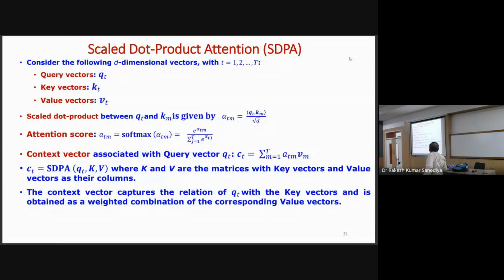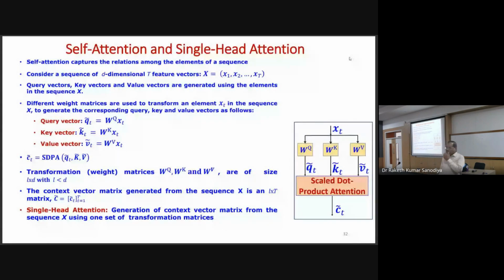Okay. Good. So now we talk about what is known as self-attention and single head attention. Why do you call it self-attention? Because I'm going to take the elements of the same sequence and then perform these operations. That's why it's called self-attention. Now we introduce this term called single head attention to see how these query vectors, key vectors, and value vectors are generated. As you can see here, I take a particular entity at time small t, x_t, then I'm multiplying that by a matrix.